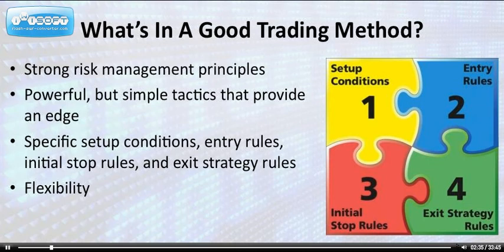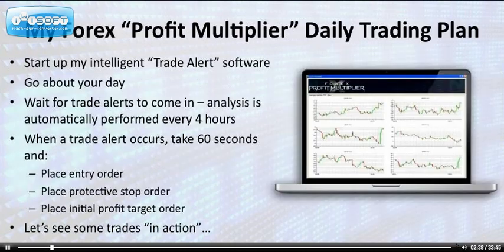They're included for you. All right, now let's get into my Forex Profit Multiplier daily trading plan. I'm going to show you the exact step-by-step process you can follow each day to take advantage of these 3 trading methods. First, start up my intelligent Trade Alert software. It displays the 6 major Forex pairs and will automatically alert you once every 4 hours if a trade is setting up for any of my 3 Profit Multiplier methods.